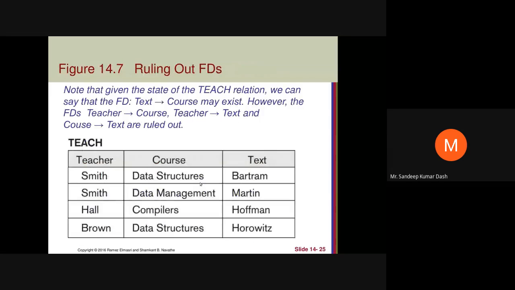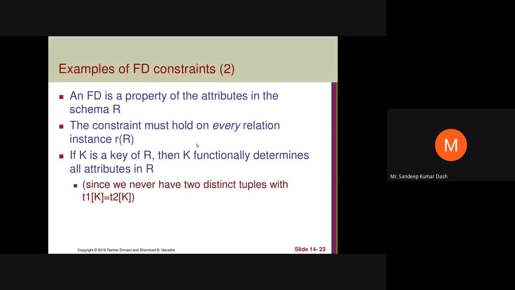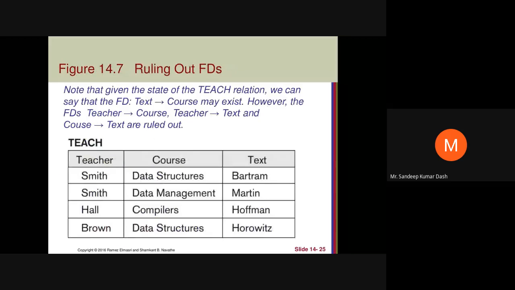I skipped all the things in between which describe functional dependency. Directly I came to the example so that you first get things understood through the example, then later you go for the details. So see, this is my X column, teacher, and the course is the Y column.